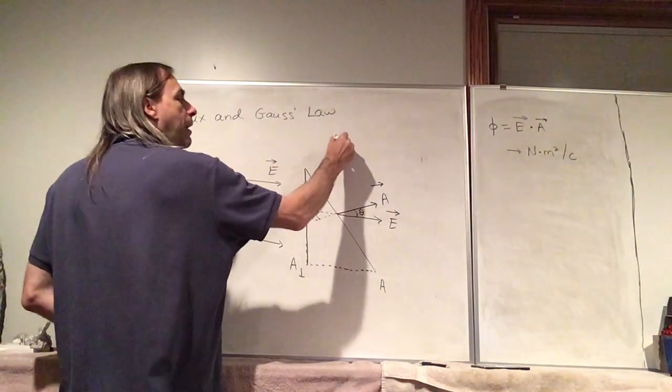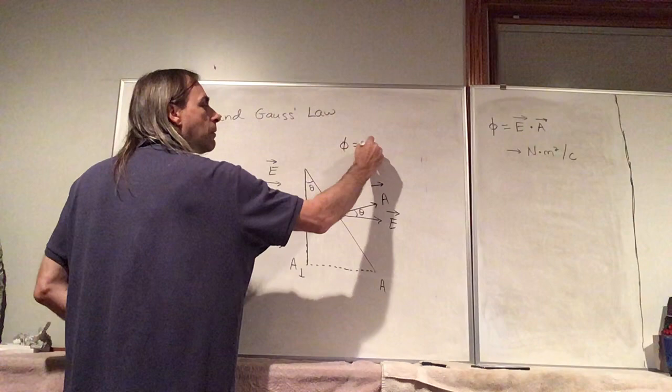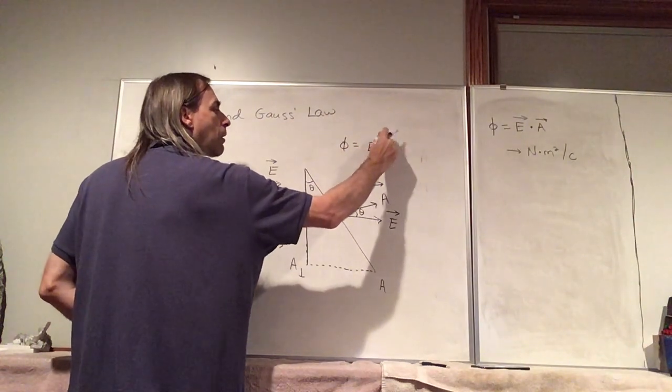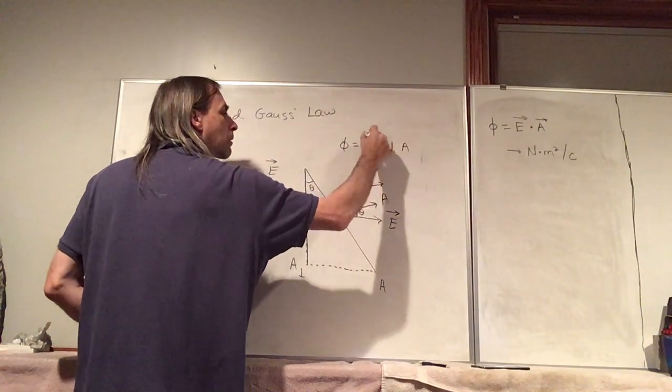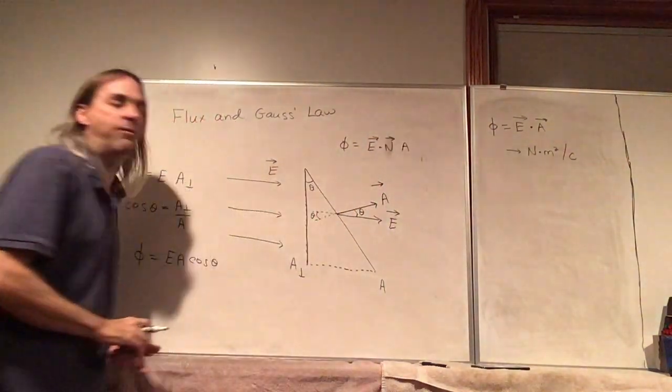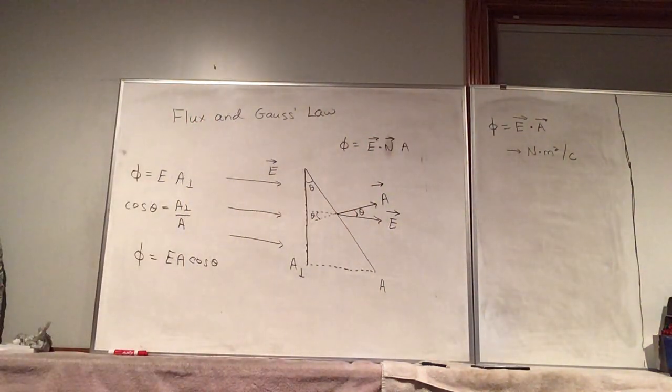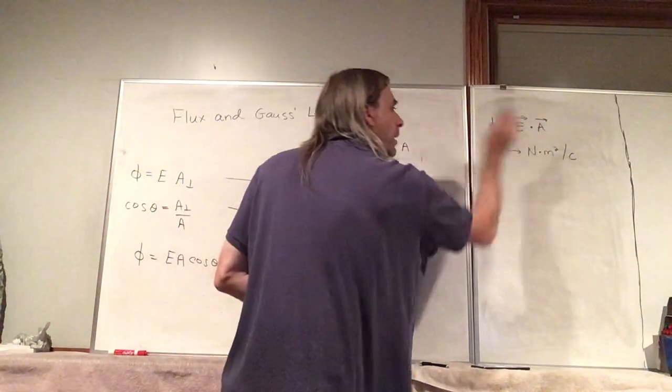Another way you could write it is just leave the vector there, the normal vector, say E dot n, and then multiply by the area. Just a little more compact to write it this way.